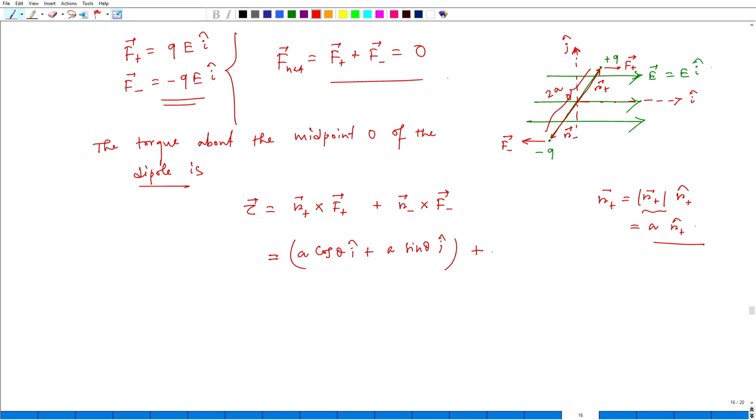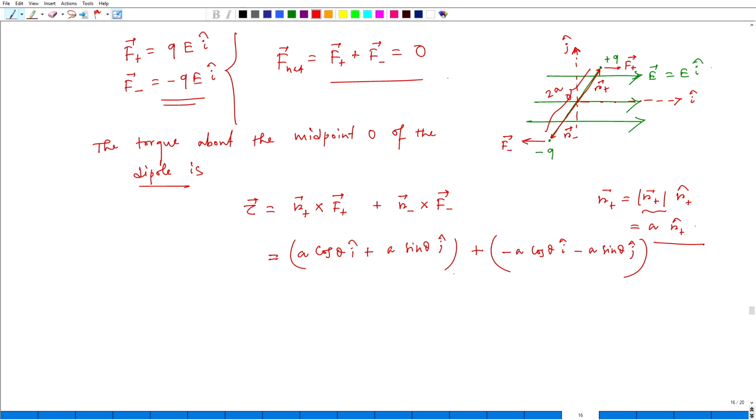Similarly, for the other case, r minus vector is a times minus cos theta i cap, so minus a cos theta i cap minus a sin theta j cap. Oh no, there is an F vector also there.